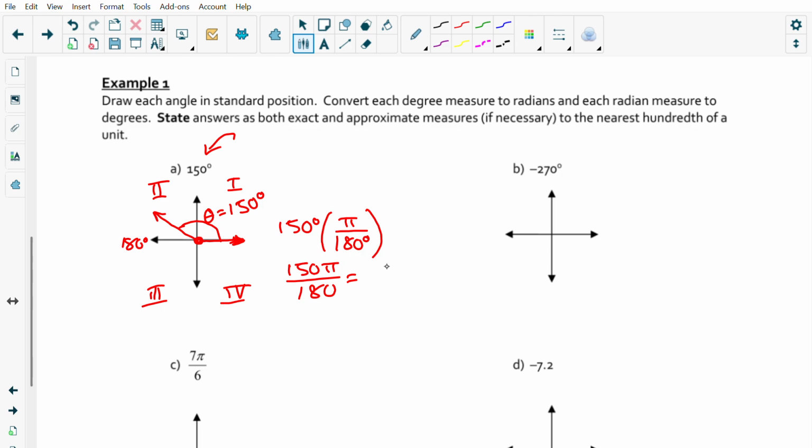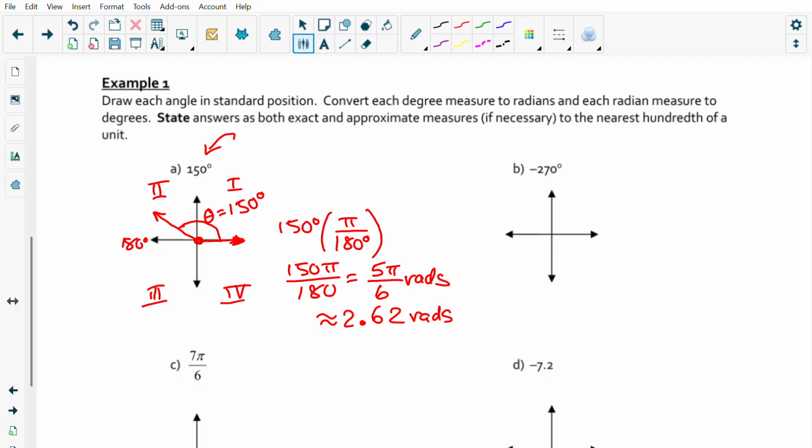If I reduce that, 30 goes into 150 5 times, so I have 5 pi on the numerator, and 30 goes into 180 6 times. So I have 5 pi over 6 radians, or approximately 2.62 radians.